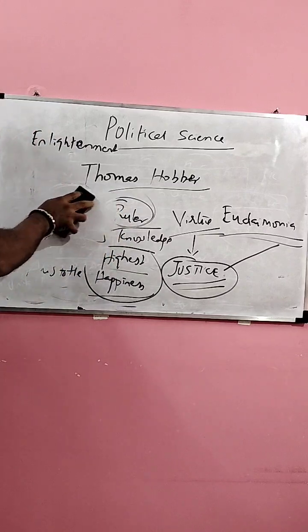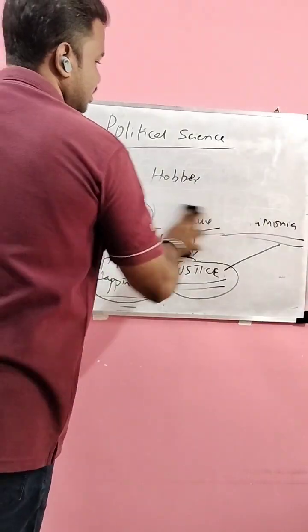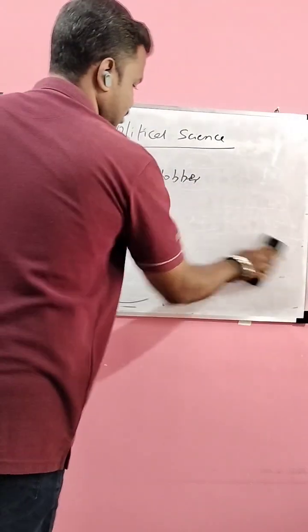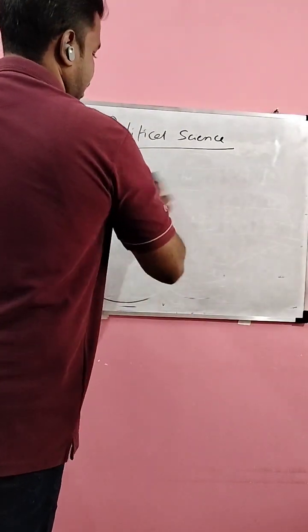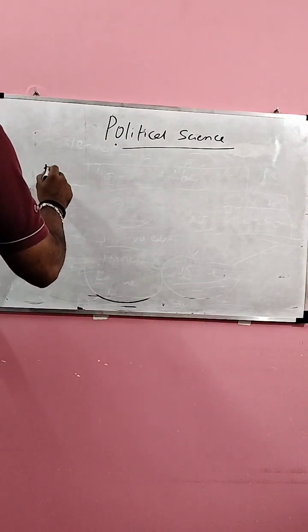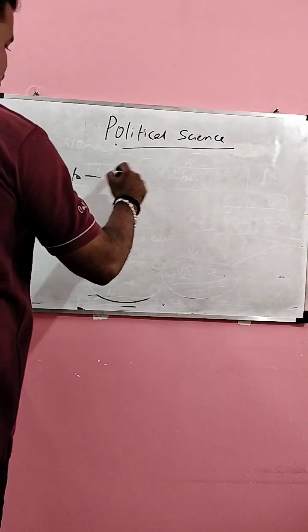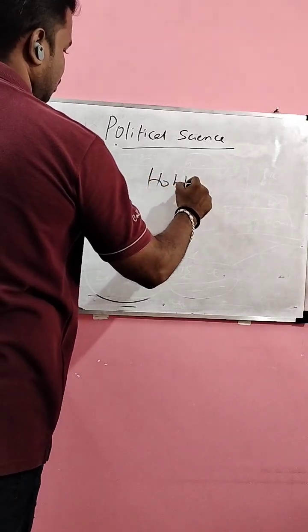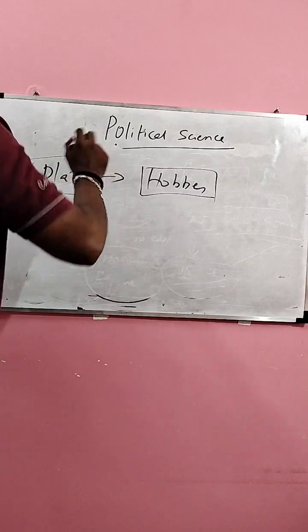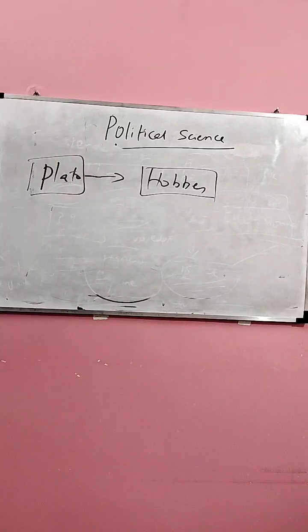Now, who is drastically bringing a change? It was Thomas Hobbes. As you travel from Plato towards Hobbes, you will find that political philosophy and political science underwent a great change.